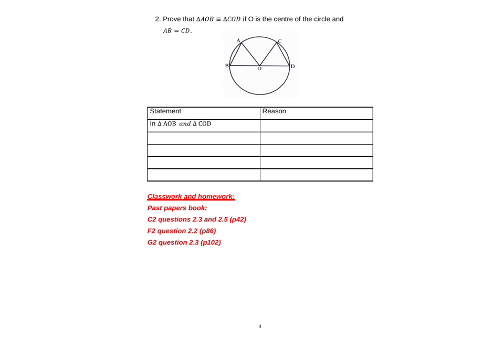In example 2, we're proving that triangle AOB is congruent to triangle OCD, as you can see is inscribed into this circle over there. And they say O is the center of the circle and that AB is equal to CD. So I'm going to mark that onto the diagram. AB is equal to CD.